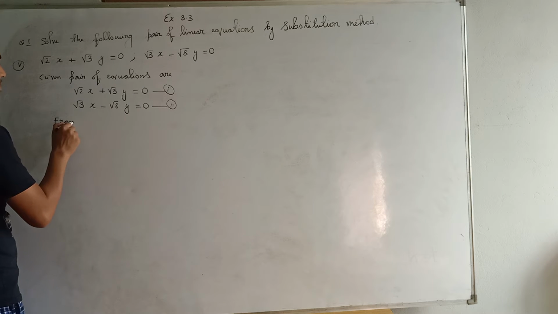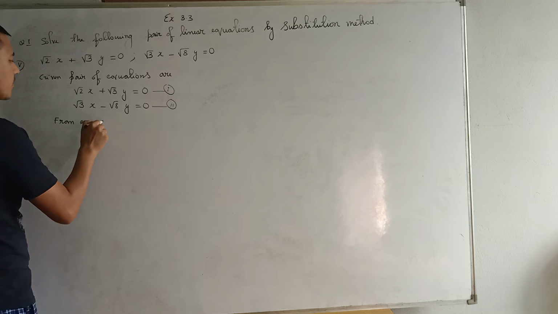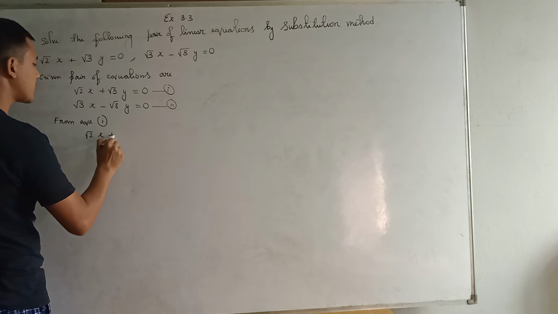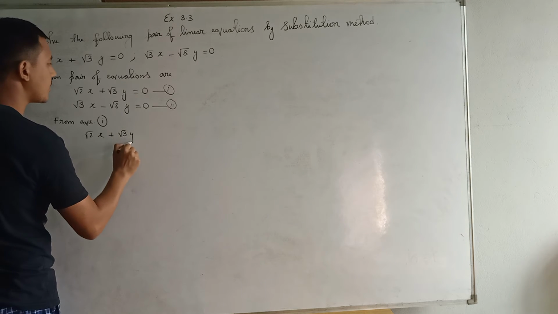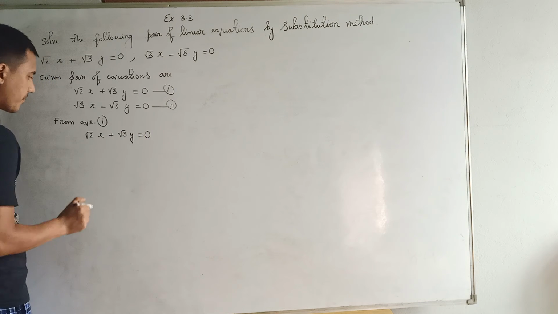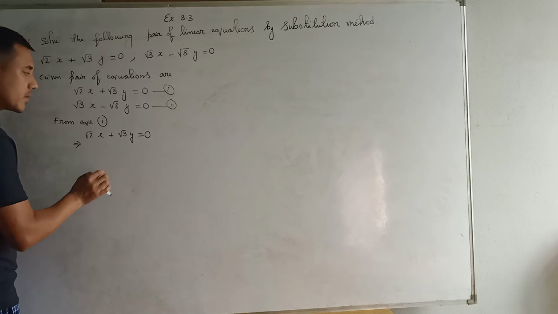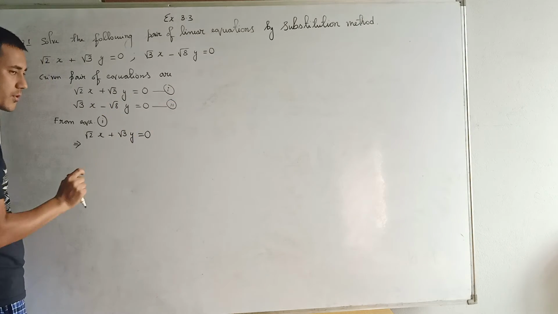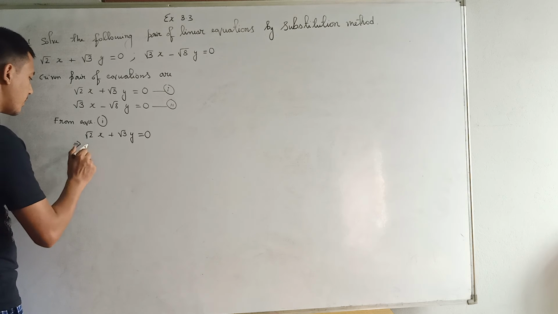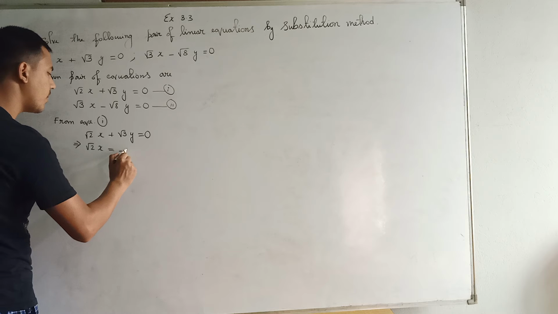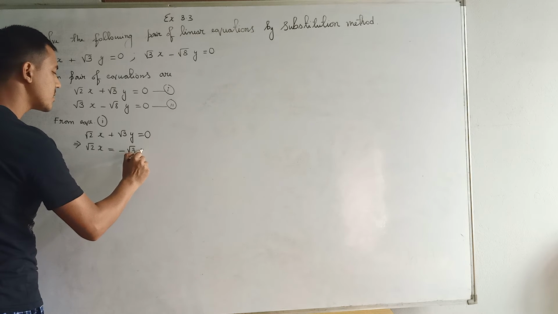So from equation 1, square root of 2 times x plus square root of 3 times y is 0. That means the term containing y should be transposed to the other side. So square root 2 times x is equal to minus square root of 3 times y.